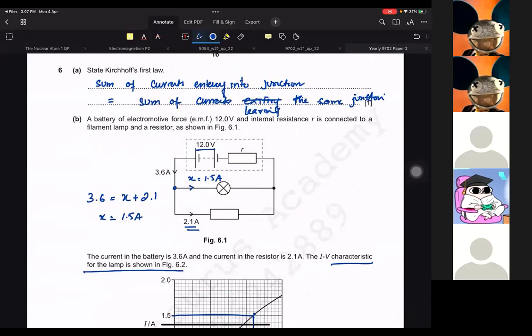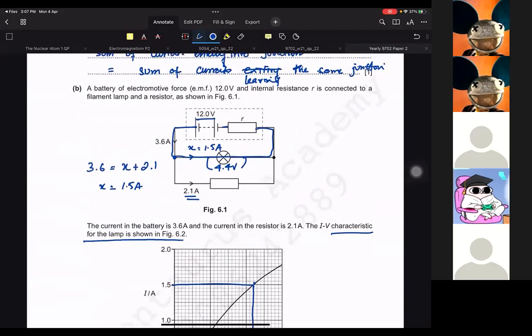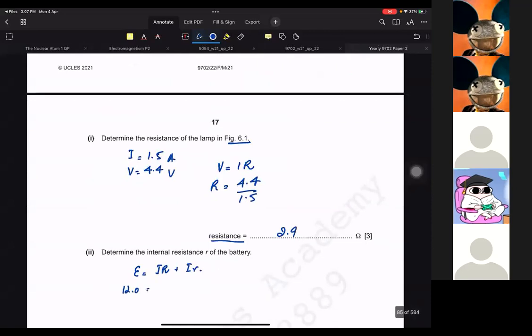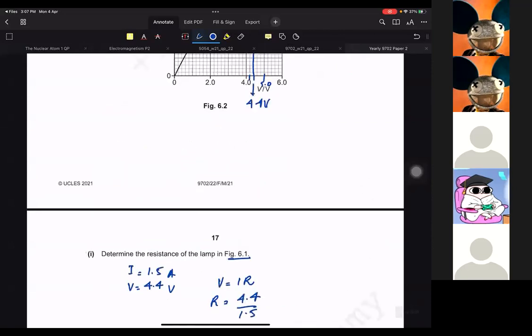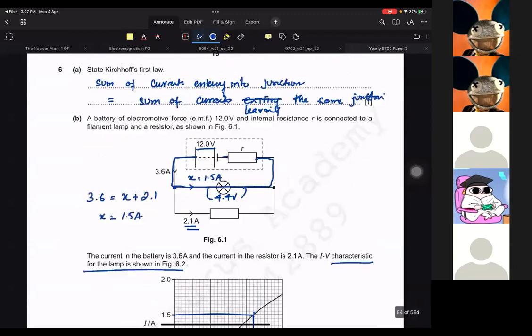On this lamp, we're just taking this loop right now. The voltage across this lamp we found out was 4.4, and the current going through this would be 3.6.